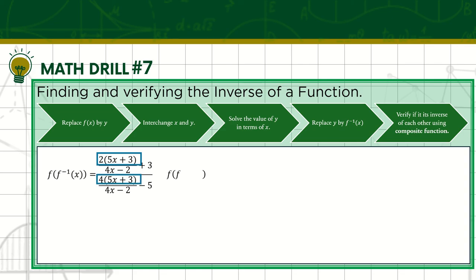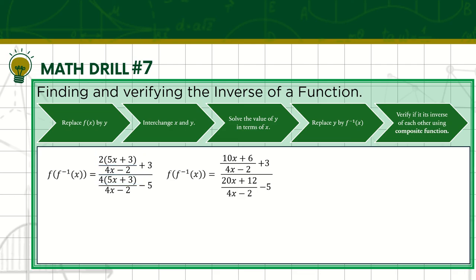This gives us 10x plus 6. And for 4 times 5x plus 3, which gives us 20x plus 12. And then we're just going to copy everything from the function.